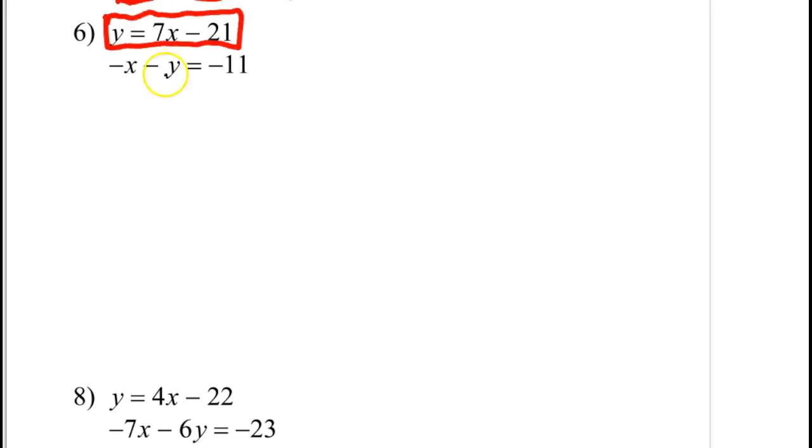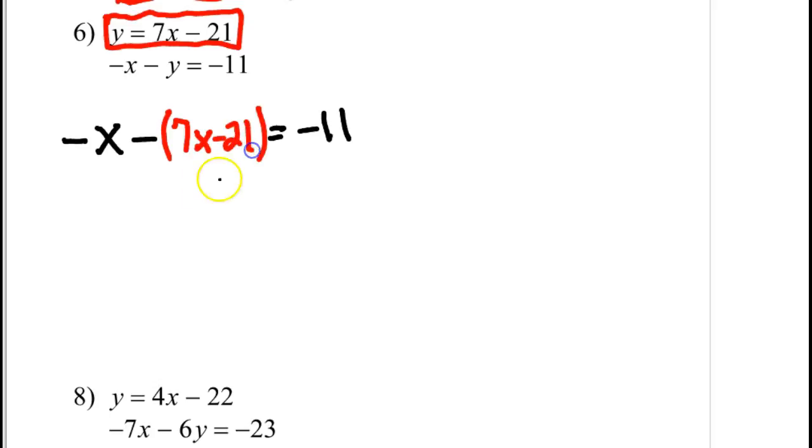So I'm going to rewrite everything but leave out the y. So I got negative x minus, leave out the y, leave a little space too, and write equals negative 11. And then the y we know equals 7x minus 21. So we're going to put in parentheses 7x minus 21 for y.